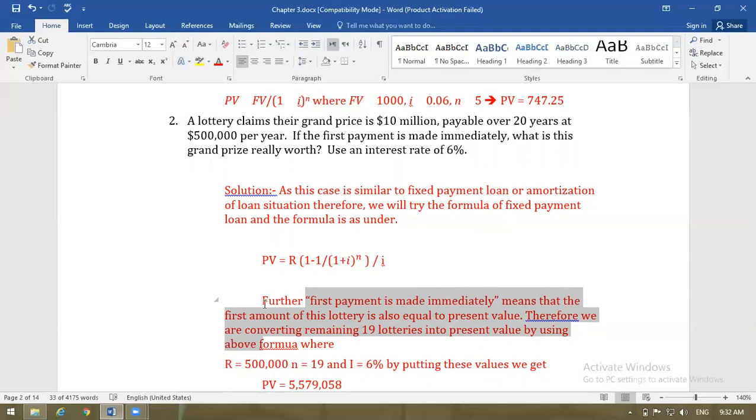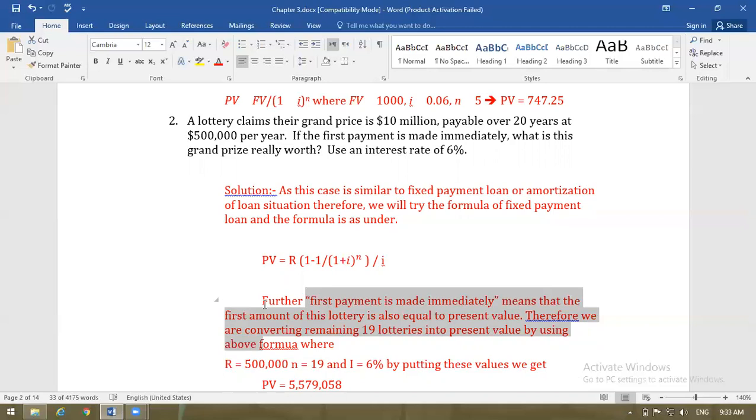In the question, it clearly says that the first payment is made immediately. Immediately means today, and today means that amount is also equal to present value. So the first installment will be subtracted from the number of years. So the remaining years will be 19. So n is equal to 19, I is equal to 6%.